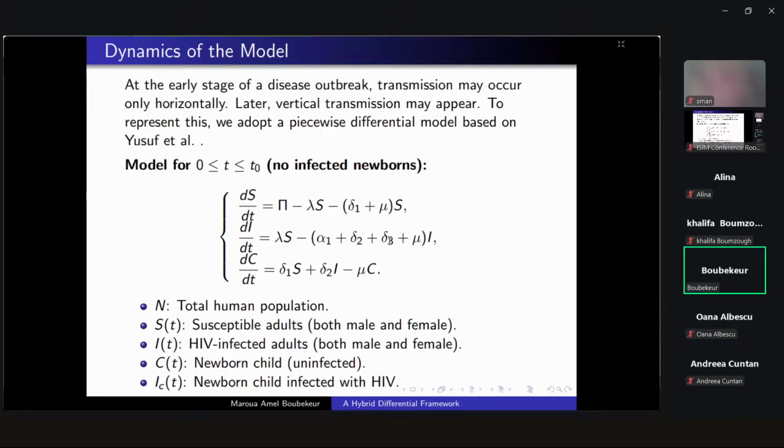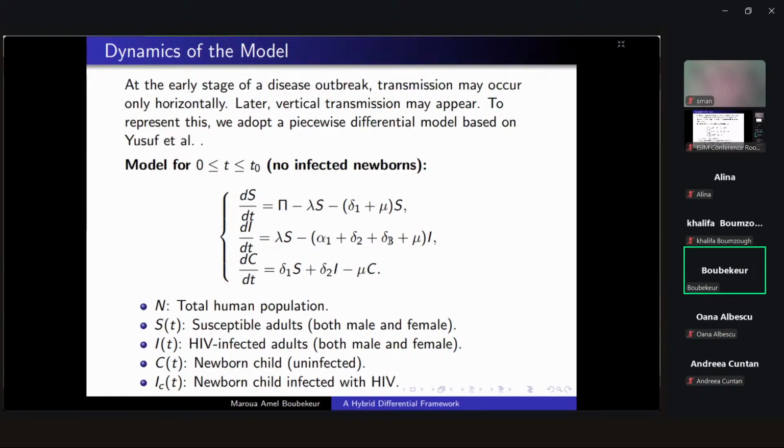At the initial outbreak of a virus in the population, it is not always the case that it can be transmitted both horizontally and vertically. For instance, when COVID-19 first emerged, it was initially believed that the virus could only transmit horizontally. However, as the epidemic progressed, it was discovered that vertical transmission was also possible.